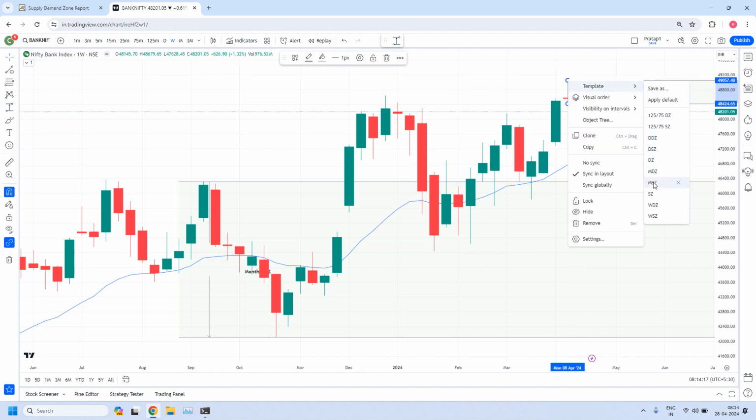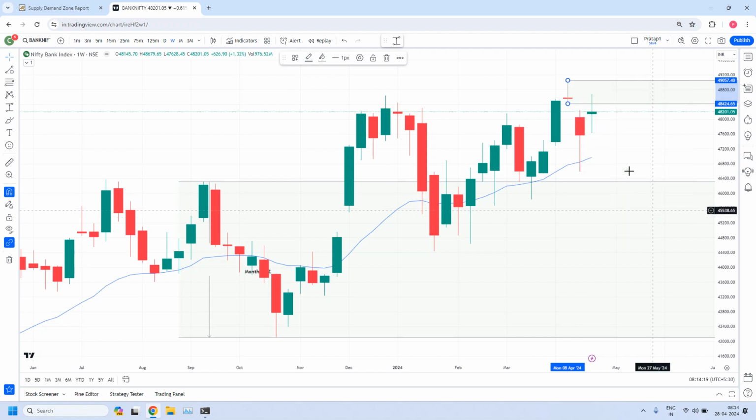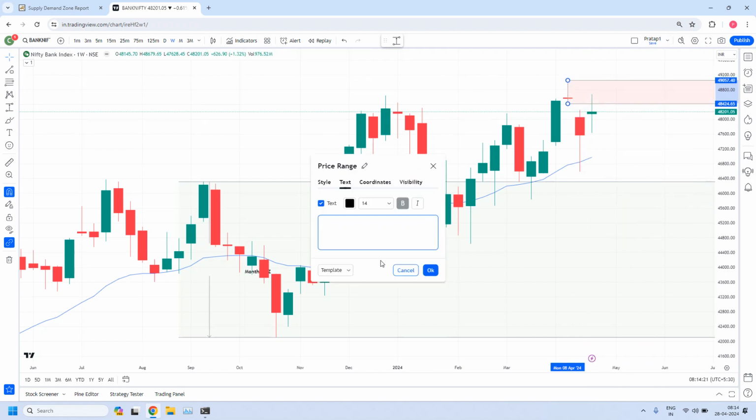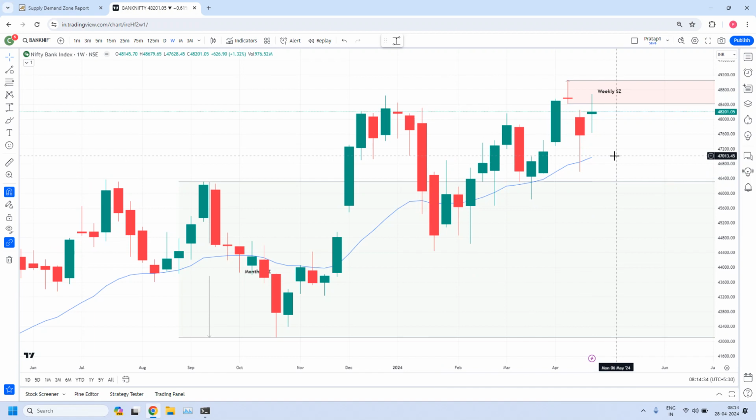This is the weekly supply zone. So let me add the text.